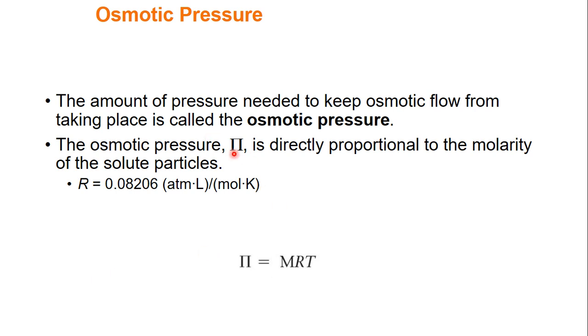The capital Pi symbol is the osmotic pressure, and it's equal to the molarity of the solution multiplied by the gas constant and temperature. As long as we have molarity, gas constant, and temperature, we can find osmotic pressure. Or if we have osmotic pressure, we can calculate molarity. And that's it for this video. I'll see you in the next video.